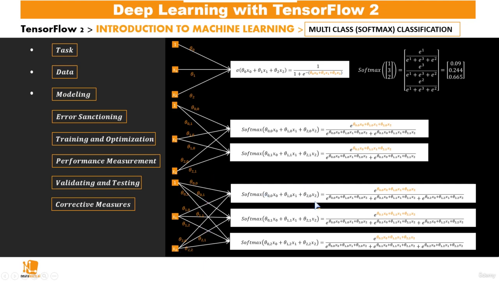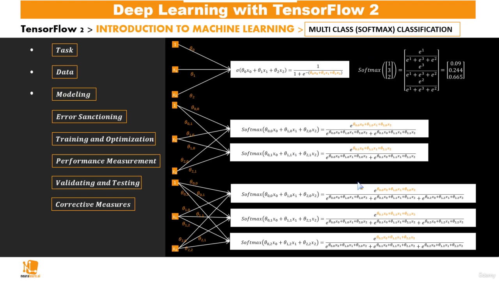For each of them, the softmax of this is the exponential of this divided by what we have here plus the exponential of this plus the exponential of this, which gives us this value. For the next one, we have the exponential of theta 0,1 x0 plus theta 1,1 x1 plus theta 2,1 x2 divided by the sum of the exponentials of these different outputs. So we repeat this up to the third class. It is for this reason that sometimes we call this problem the softmax classification.